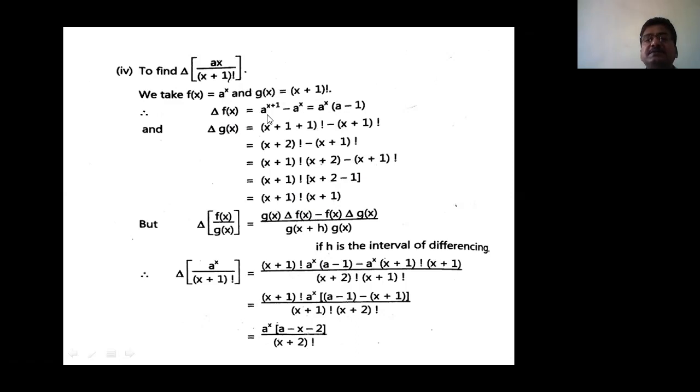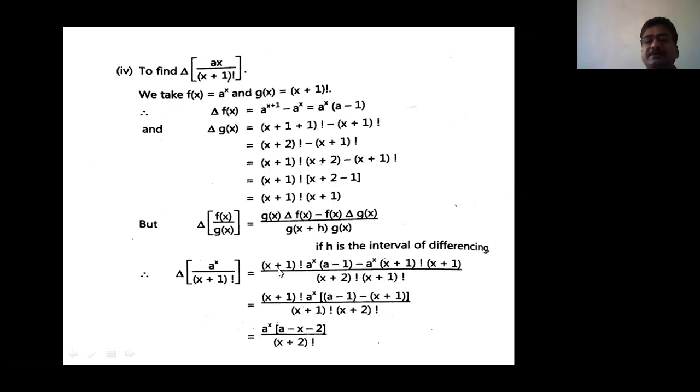Minus f(x) means a raised to x, and then write delta g(x), this quantity at this place, divided by g(x plus h). This is g(x). And what is g(x plus h)? Add h to x, and h is 1. So x plus 1 means x plus 2 factorial. This is g(x plus 1) actually, x plus 2 factorial, and this g(x) as it is.